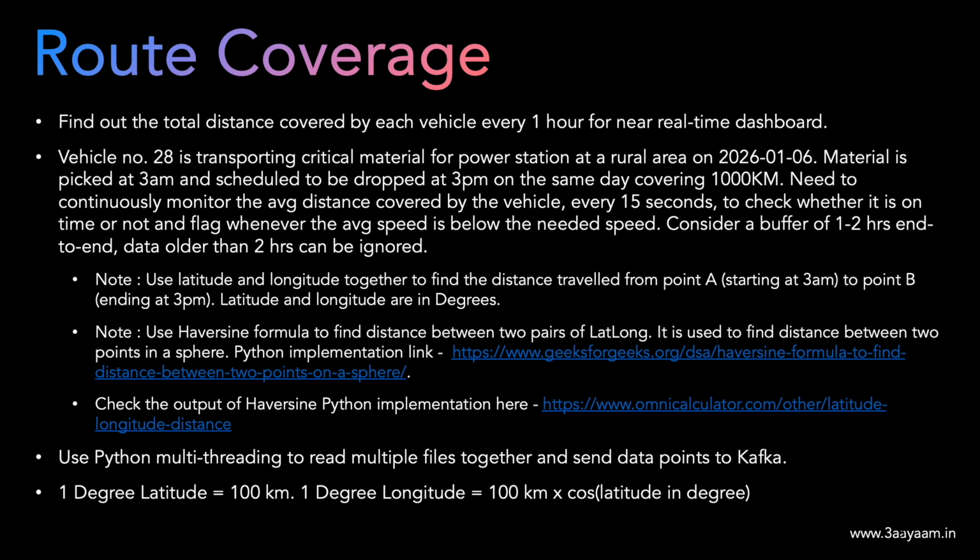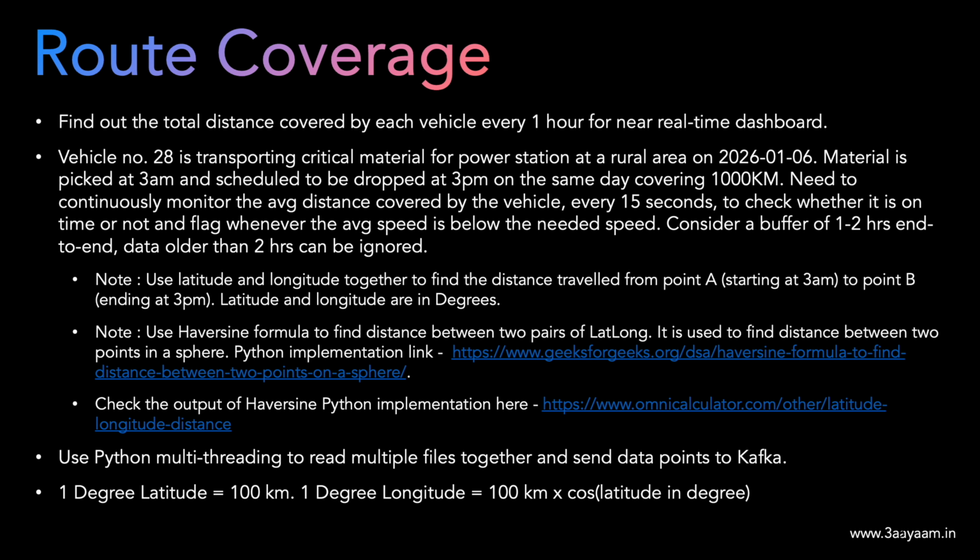And whenever the average speed is below the needed speed, we'll have to raise a flag saying that the vehicle is at a much lesser speed than the required one, so we can send information to the vehicle pilot, or we can send a push notification saying that you are driving very slow, please speed up, or you are taking a lot of breaks, please speed up, because there's a requirement to deliver the critical product within a certain time.